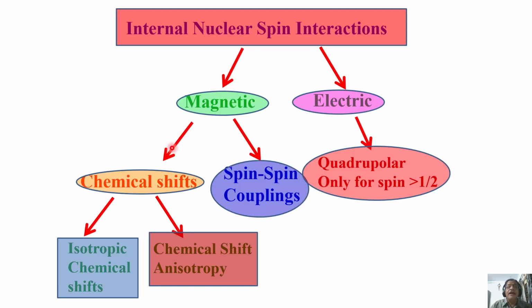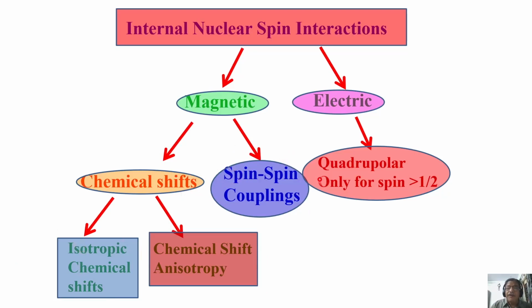That means the value of this parameter, which you measure in different directions, will be different. It is not the same in all the directions. That's what happens. All parameters in NMR, for example, chemical shift, have an isotropic component and an anisotropic component. I'll tell you why the isotropic component comes later.